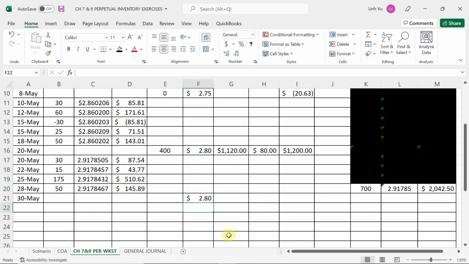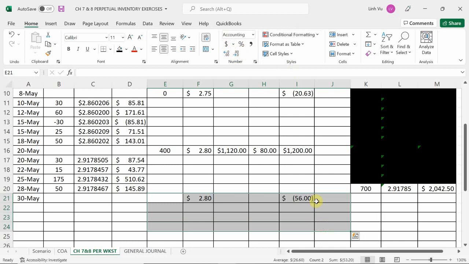For the $2.80, I can figure out what my discount is by figuring out what the discount off of the $1,120 is. But in this case, since I already calculated it, I can just say it's negative $56, and I can go ahead and take that out.